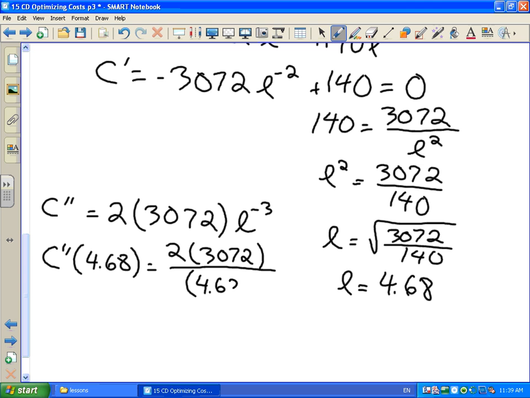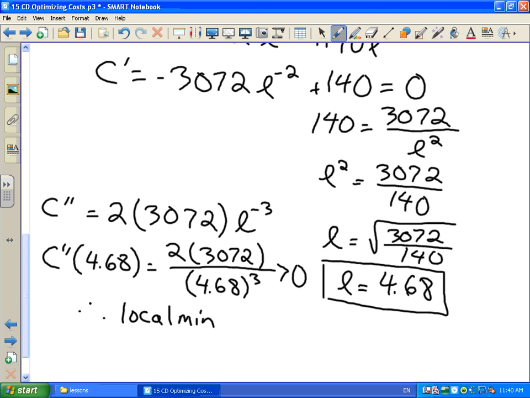When I sub in 4.68 cubed, I can look down at the denominator and I see I've got a positive number cubed, so this is going to be positive. So this whole thing is going to be greater than 0. And if my second derivative is greater than 0, does that tell me I have a maximum or a minimum? Let's see. Positive, positive, happy face. I've got a minimum. Okay. So this does, in fact, correspond to a local minimum.